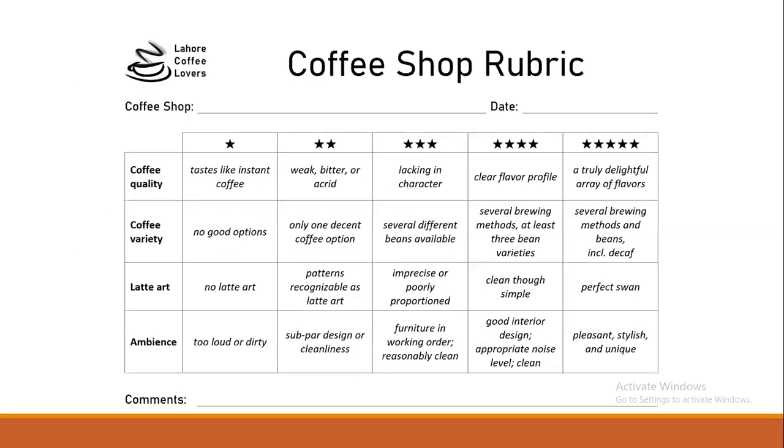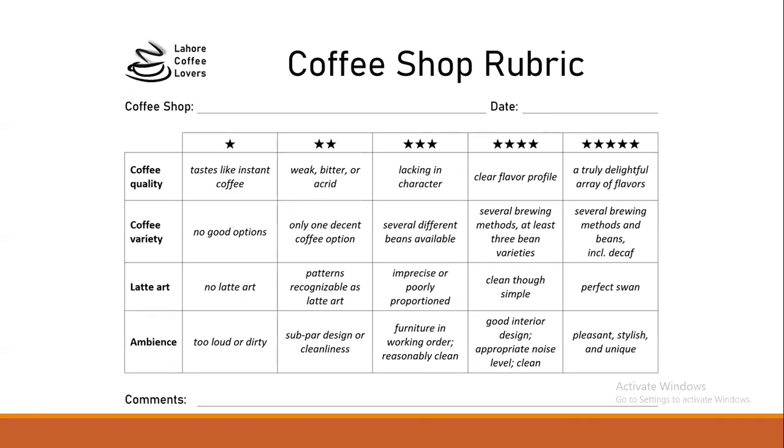This is a rubric in case you'd like to see an example. So this is for coffee shops, right? If we visit a coffee shop, we could look at the quality of the coffee. We could look at the variety of coffees available. We could look at the art that's on top of the coffee.